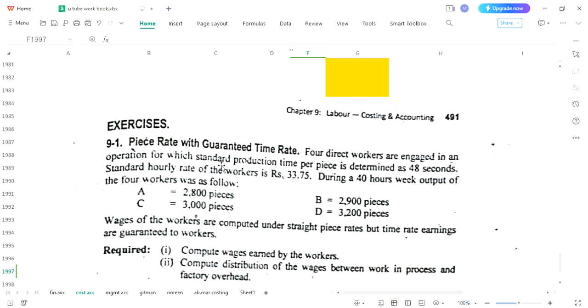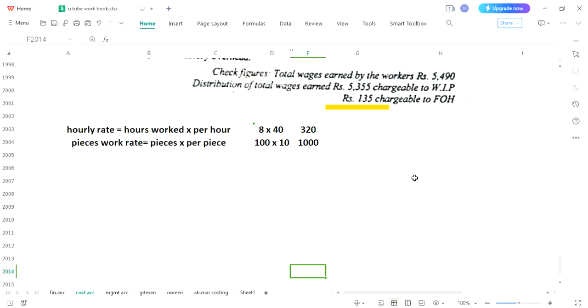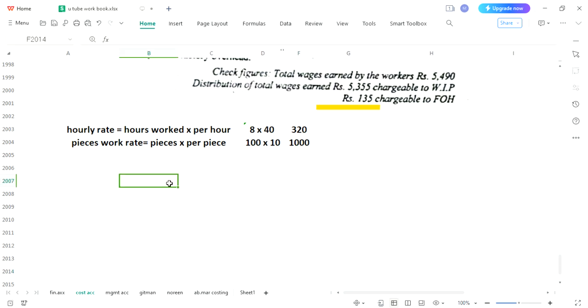Now please read it. Standard production time per piece is 48 seconds. So we will go back to our childhood, where we usually use the unitary method, and we will use the same unitary method over here as well.